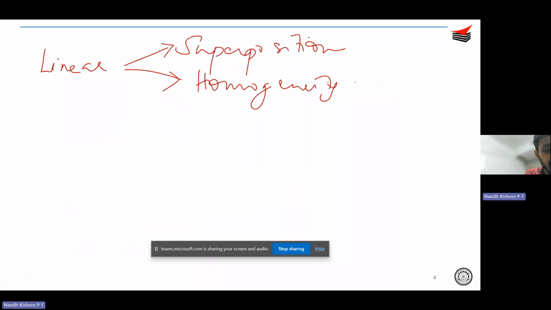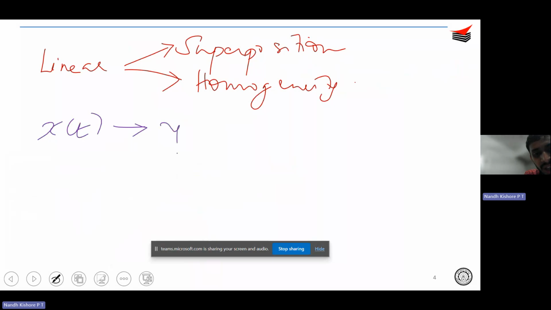So that is, if I have a system wherein, let me take a different color over here, right? If I give x of t to a system, right? Then let's say I get an output y of t. Take the buck converter for example. You of course feed V in voltage, and what you get? You get a V naught, right?